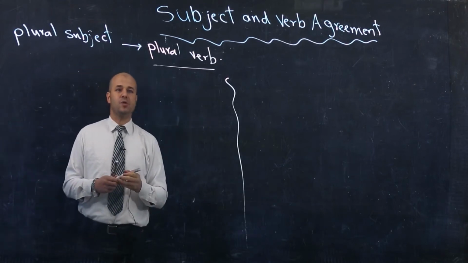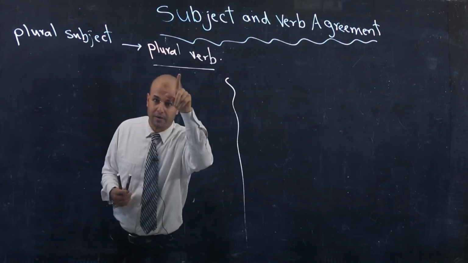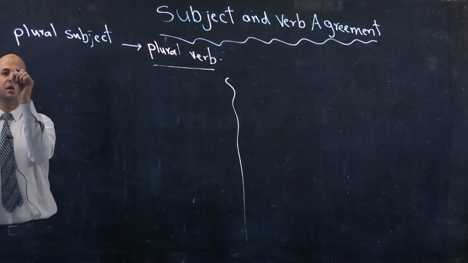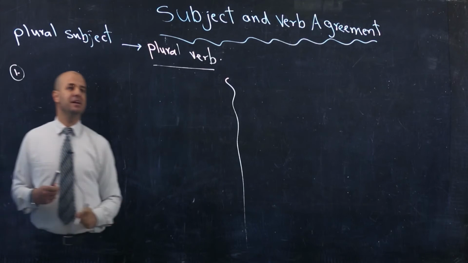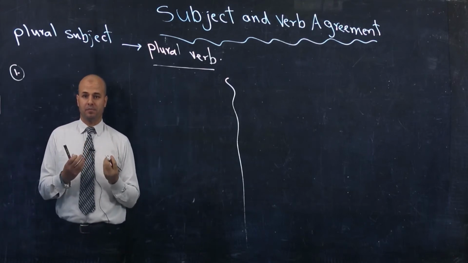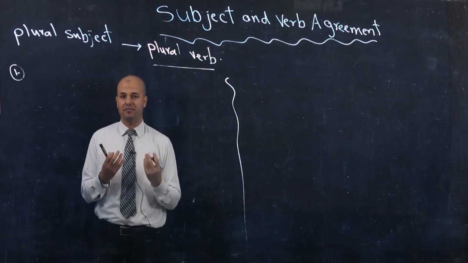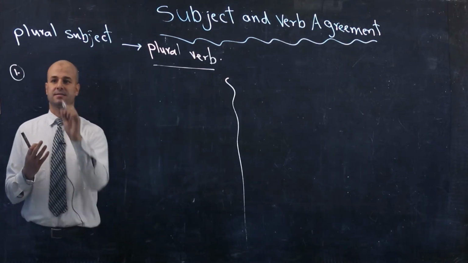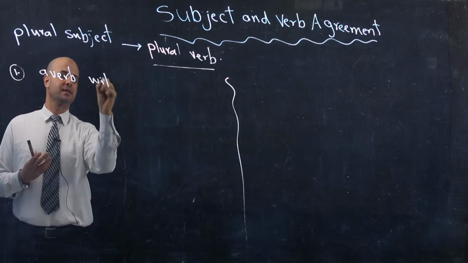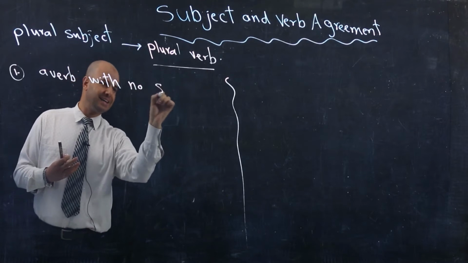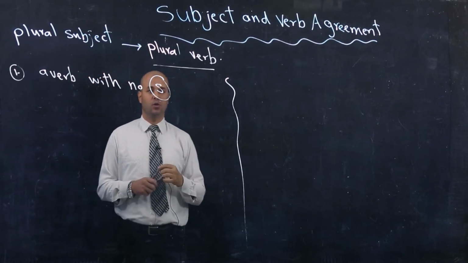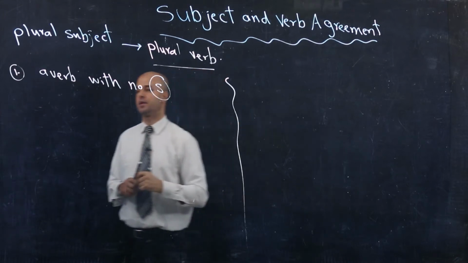First, we try to know what are plural verbs. Number one, if I have a main verb in a sentence, the plural verb form of the main verb is a verb with no s. It's called infinitive, and we know.